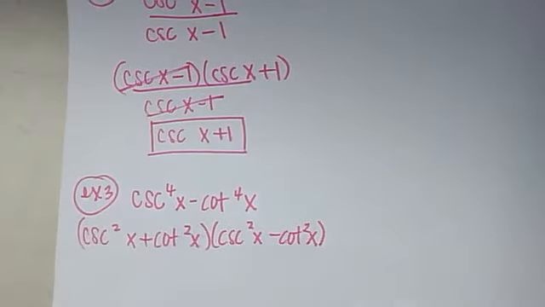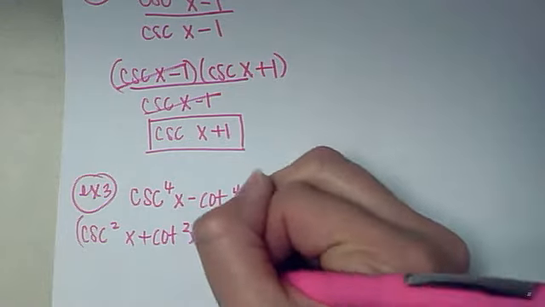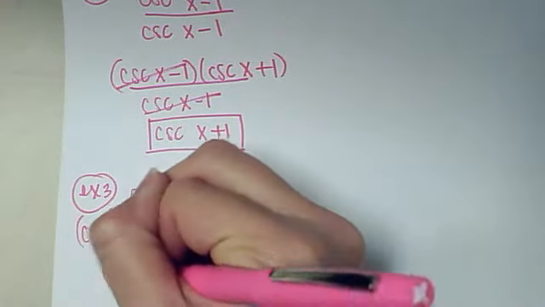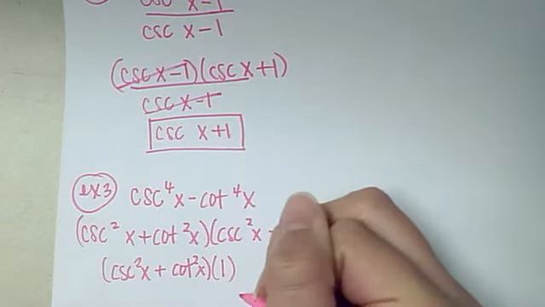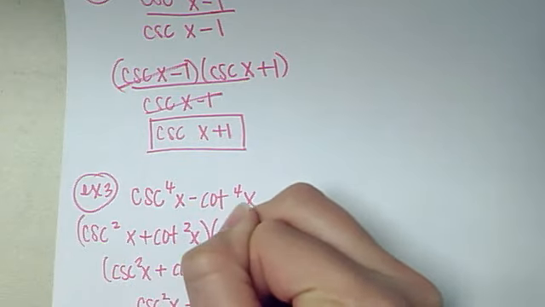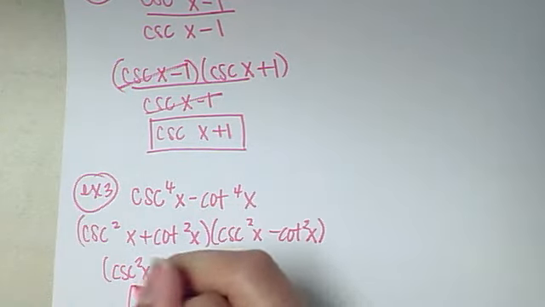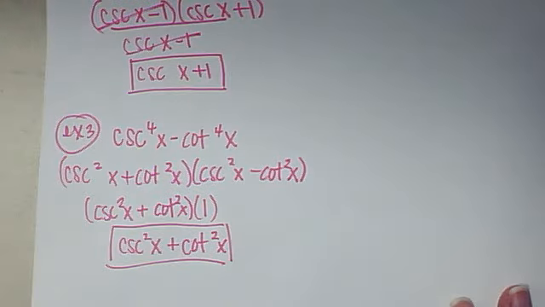And one of my Pythagorean identities tells me that this one with a subtraction sign can be reduced to just 1. The other one I can leave as is. And if I multiply that by 1, that's my final answer. There is no more simplifying. The reason I can't factor that one is because there's a plus sign in between. So there's nothing more that I can do there, and that's my final answer.